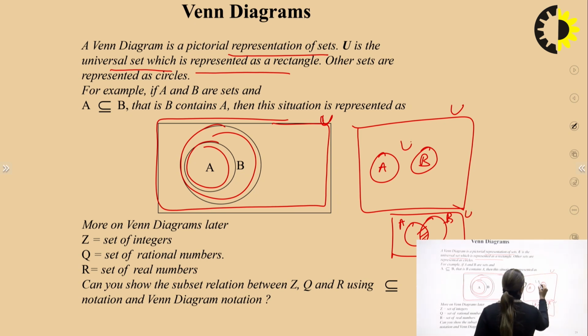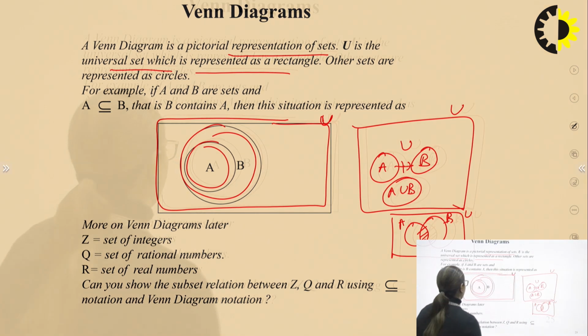This is the union part, A union B part, right? Here we can combine both of these, right? If we want to have this A union B, right?